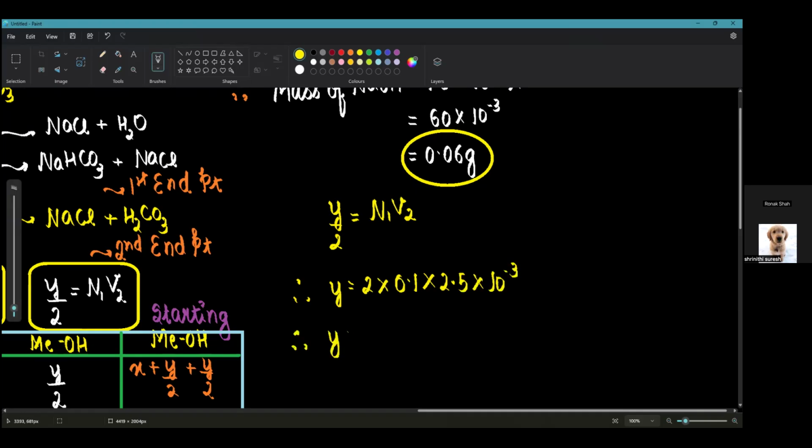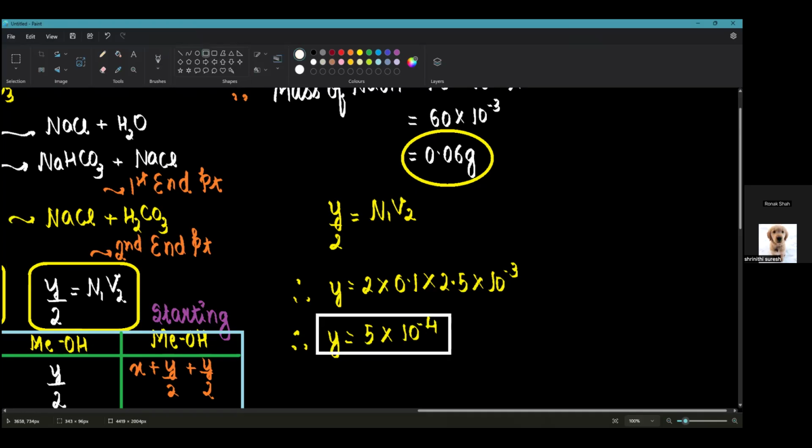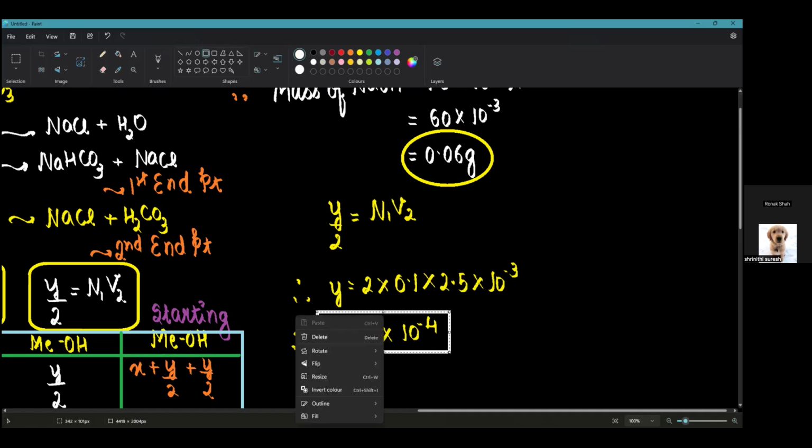So y will be 5 into 10 raised to -4. So these are the gram equivalents of Na2CO3.